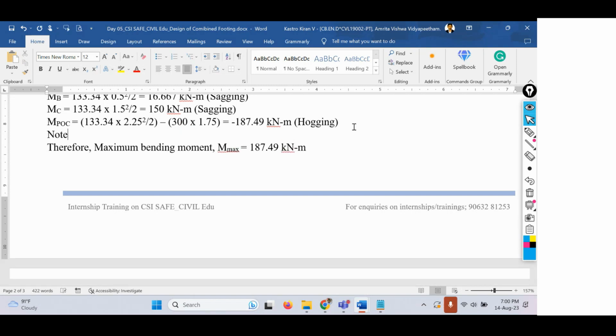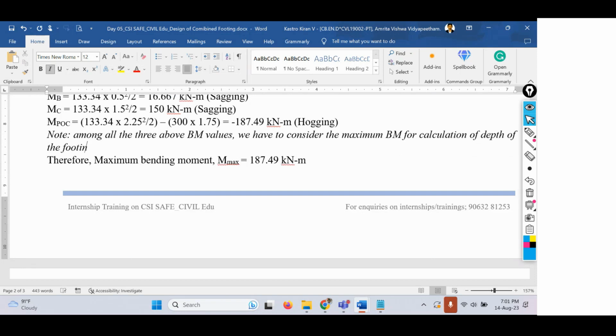Okay, let me write that point. Note: among all the three above bending moment values, we have to consider the maximum bending moment for calculation of the depth of the footing, irrespective of sign convention.